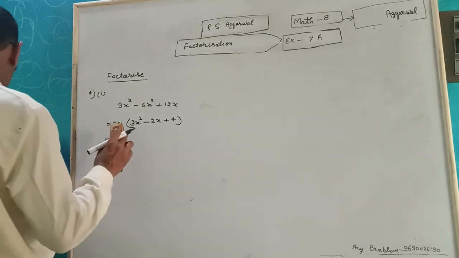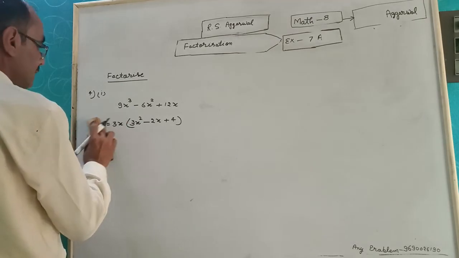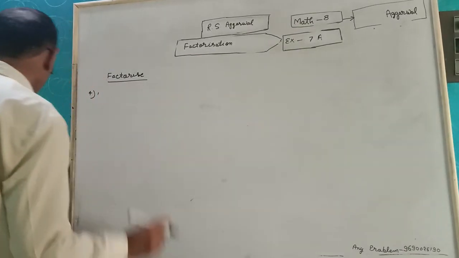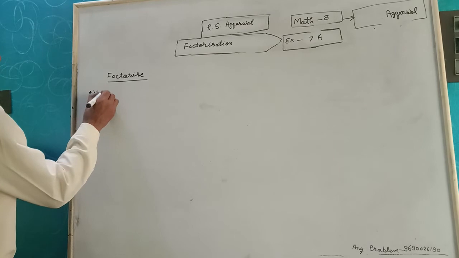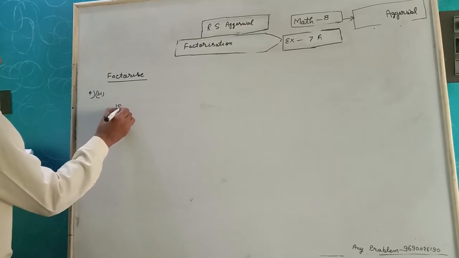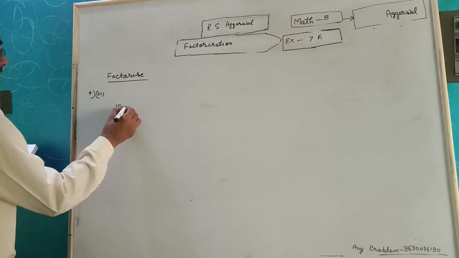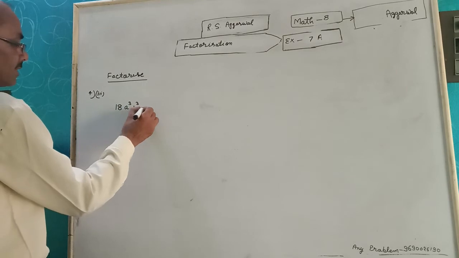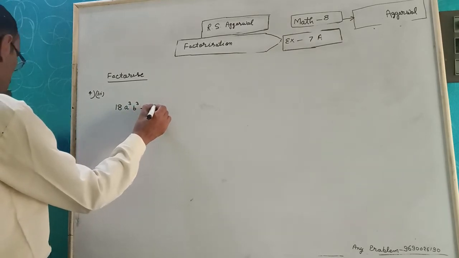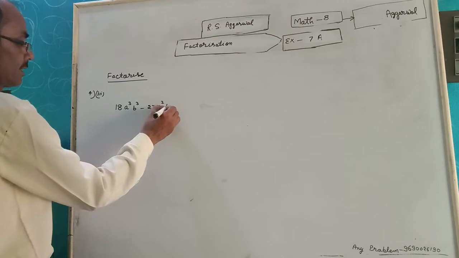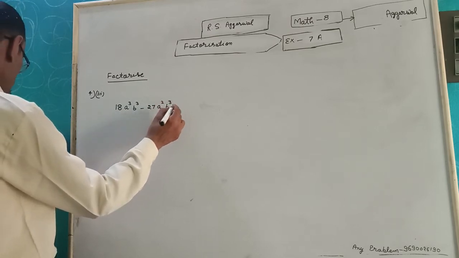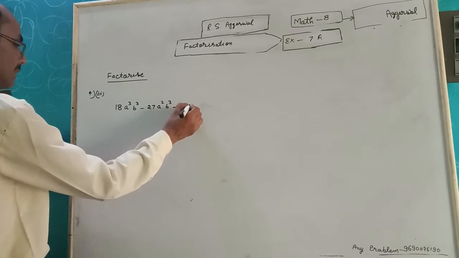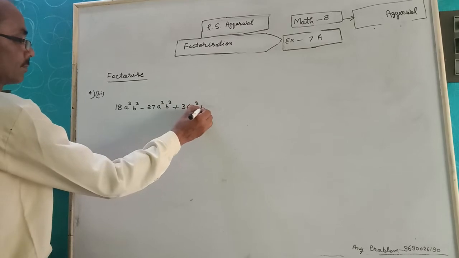Second part, 4x will be common. Third part is 18a cube b cube as the first term, second term is 27a square b cube plus 36a cube b square.